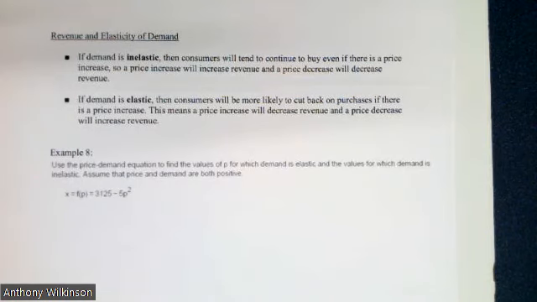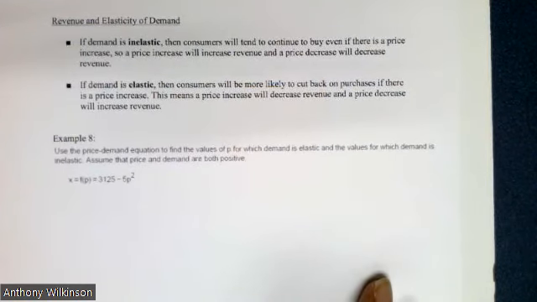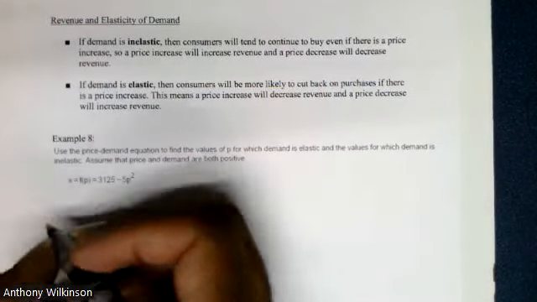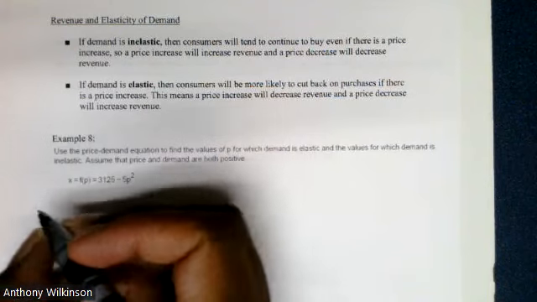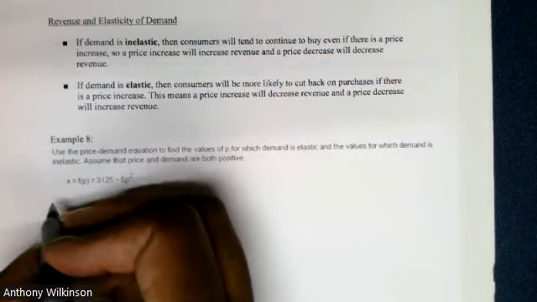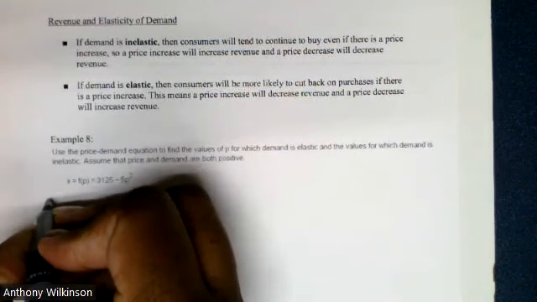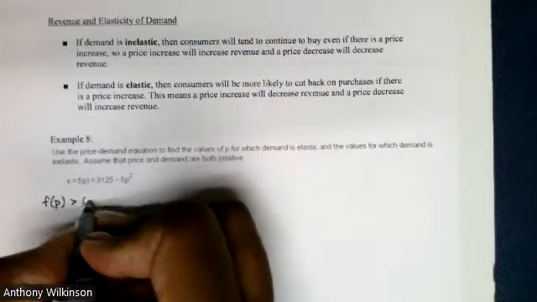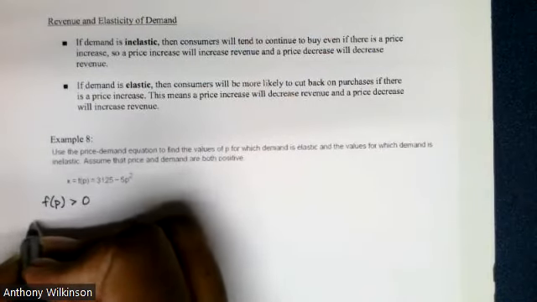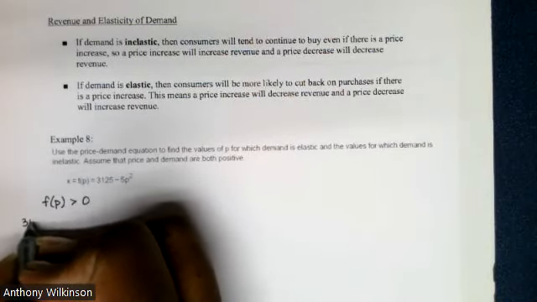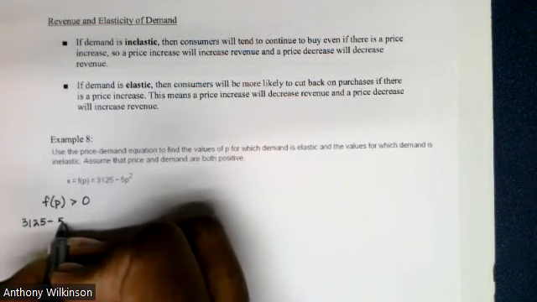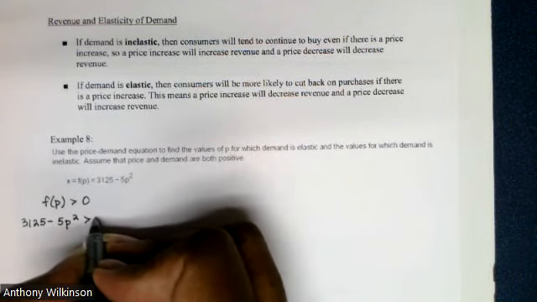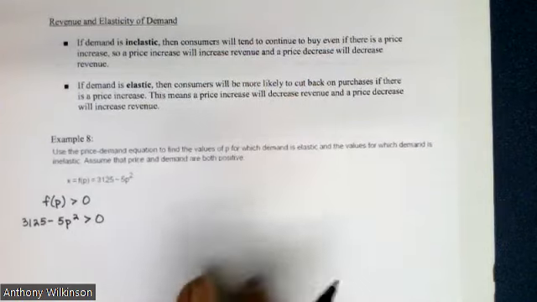So let's take that F of P, which is 3125 minus 5P squared, and set that to be greater than 0. Let's start with that. So that means your F of P, that's the 3125 minus 5P squared, is greater than 0.